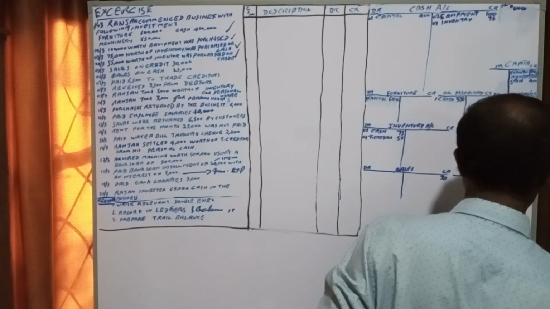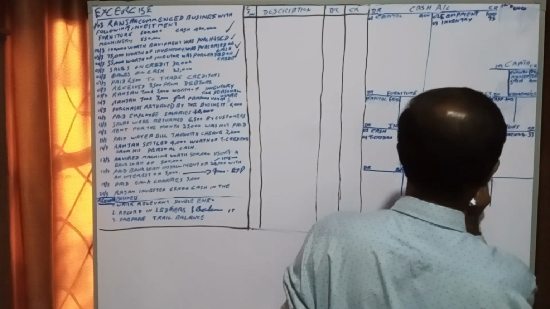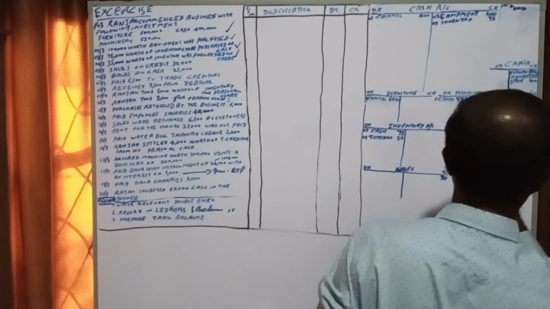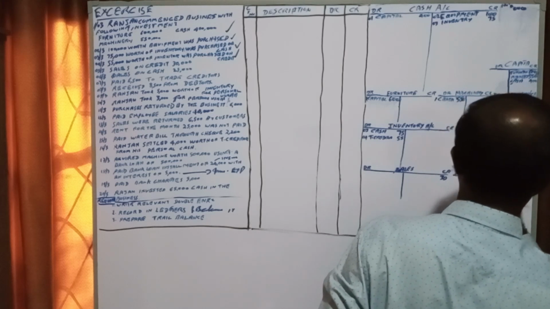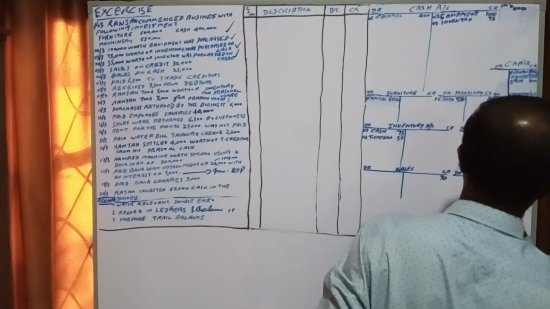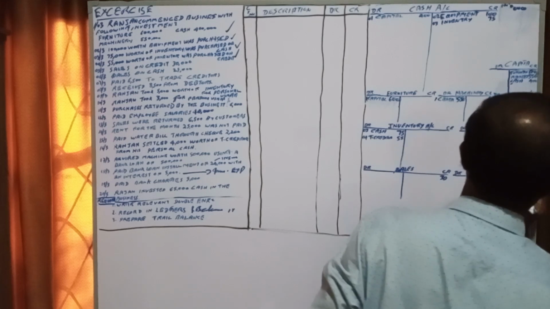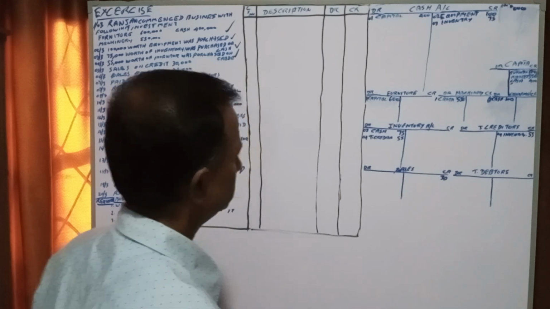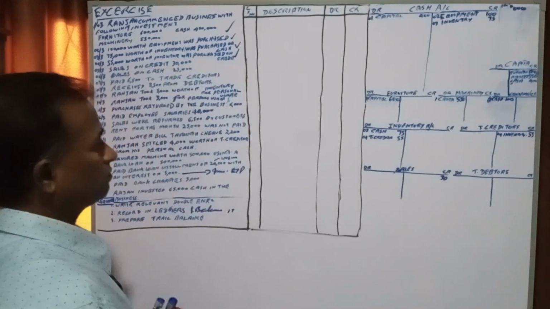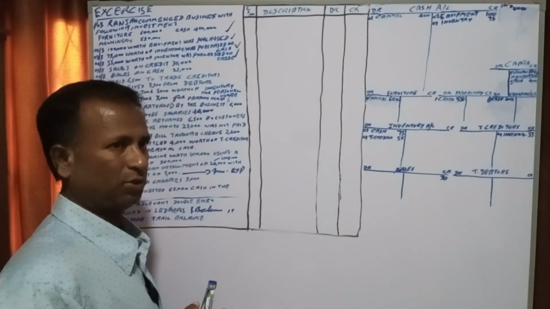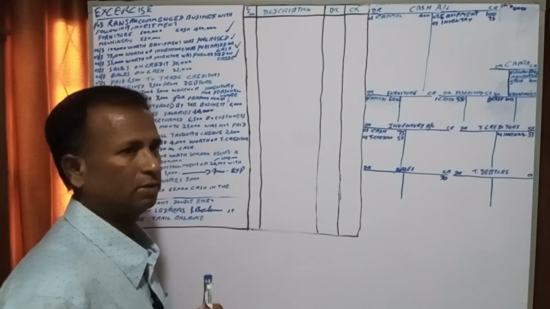Trade debtors. Here DR and CR. When you make credit sales, there is purely no cash involvement.